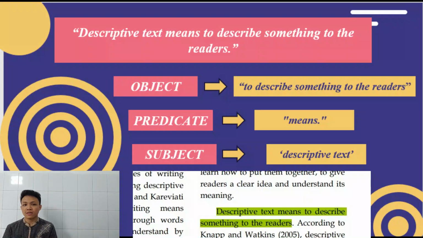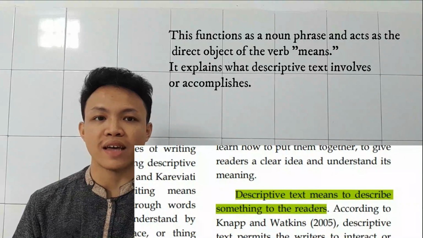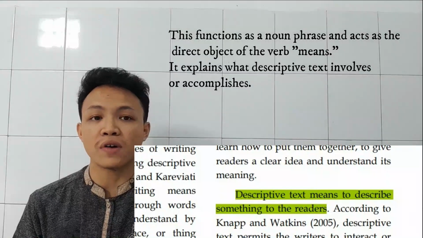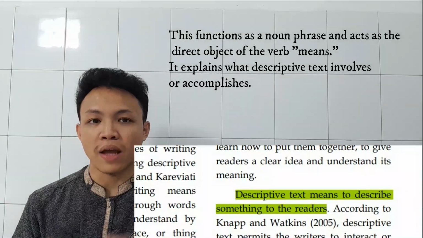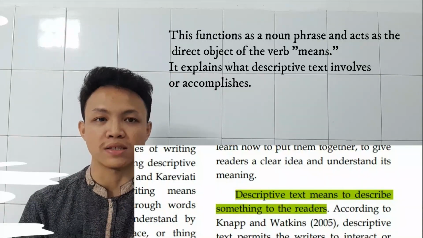After the subject, descriptive text, and the predicate means, we find the object in the sentence: to describe something to the readers. This functions as a noun phrase and acts as the direct object of the verb means. It explains what descriptive text involves or accomplishes.